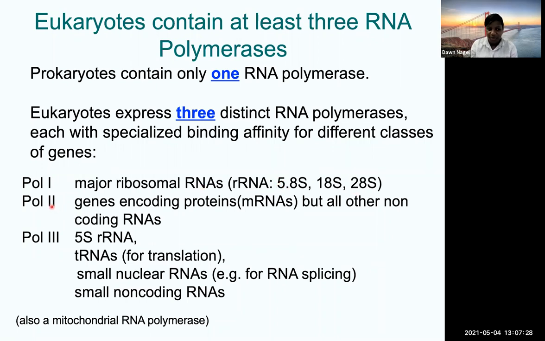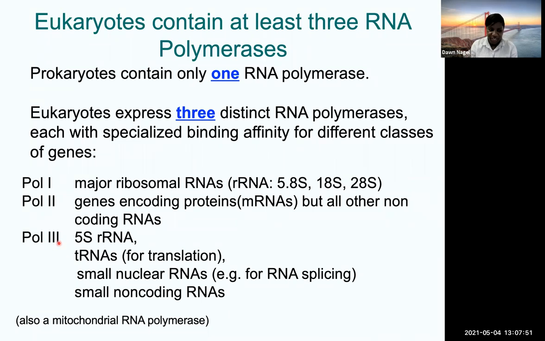You also have RNA polymerase 2, which is the one we will be talking about for the rest of this lecture, or in general in this course, right? Because this is the main polymerase that transcribes protein-coding genes, so making messenger RNAs. But it can also transcribe other types of non-coding RNAs.